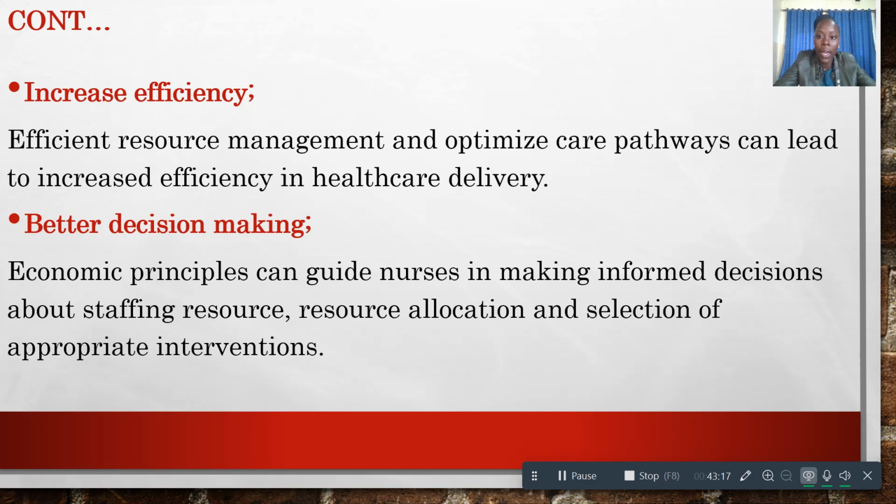We can allocate the appropriate staff that we need per department, and also the resources we might need according to the interventions we are to offer to our clients. So we come up with better decision making.